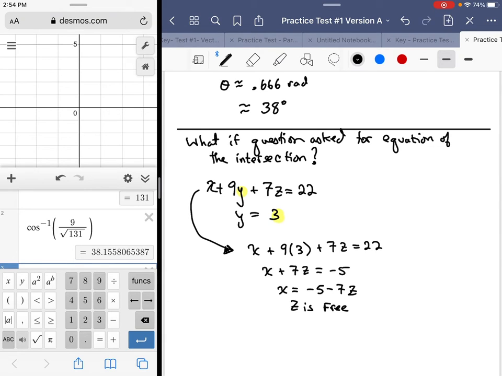I would let z equal t. So my intersection, as a vector valued function, would be: x is negative 5 minus 7t, the y component is just a 3, that's constant, and z is what we defined as t. So our vector valued function would be negative 5 minus 7t, 3, and t.